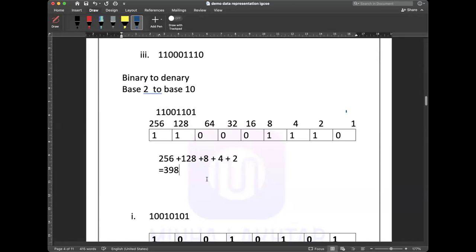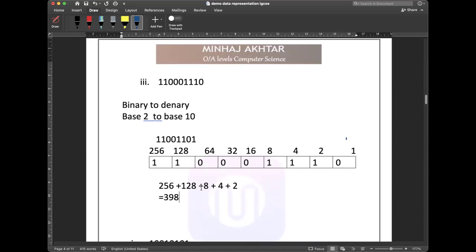Yes. Let me calculate first, and then I'll tell you if it is correct or incorrect. 256 plus 128 plus 8 plus 4 plus 2. Yeah, 398. Perfect.